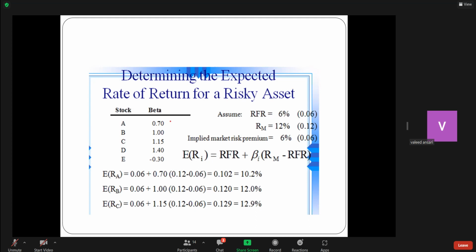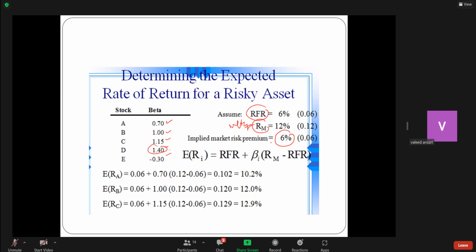Assume that beta is this, and these securities are like this. You are given the risk-free rate of 6%. The return on market, let us say Nifty, is given as 12%, and the risk premium is 12 minus 6, that is 6%. You are asked to find the return of these securities, so you just put in these values. You see that the higher the beta, the more the return should be. For example, security D has a high beta of 1.4, so naturally its return will be higher than the other securities.